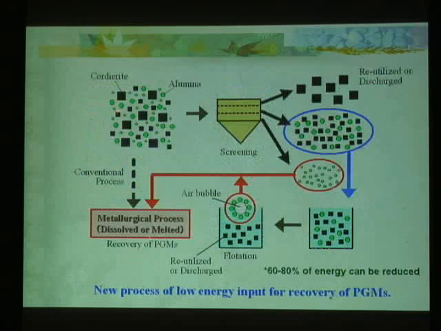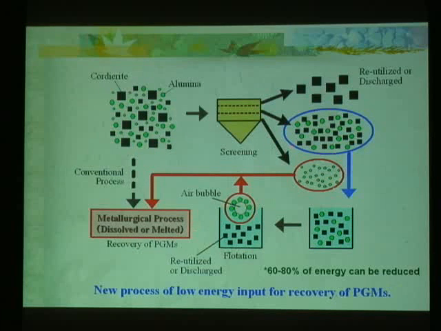This is the concept. After crushing the catalytic converter, the Rose process goes directly to some metallurgical or chemical process. But if we apply some appropriate combination, we can divide it into several parts. The coarser size concentrates only cordierite, and the finer size only alumina involving PGM, and this goes directly to the metallurgical process.